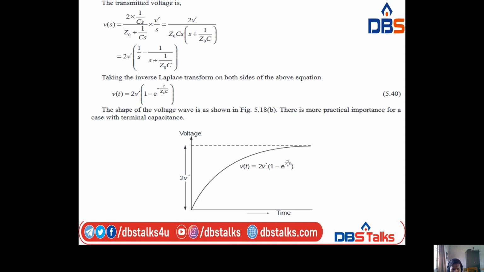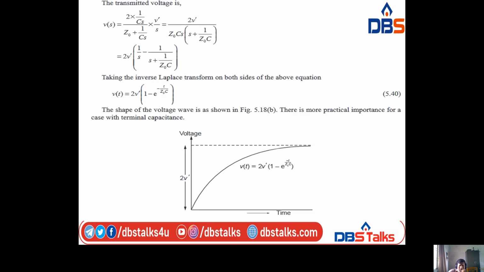Now what is the shape of the voltage waveform as shown in the figure? It is an exponentially increasing nature. So V of t is equal to 2V' (1 minus e^(-t/(Z0 C))).